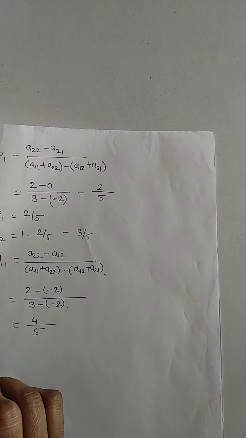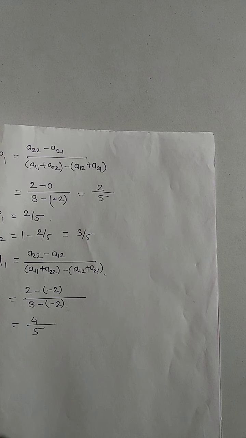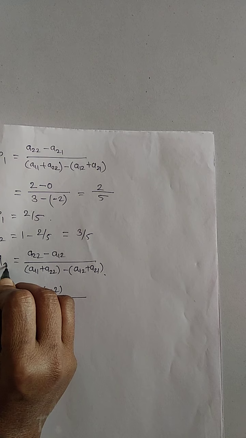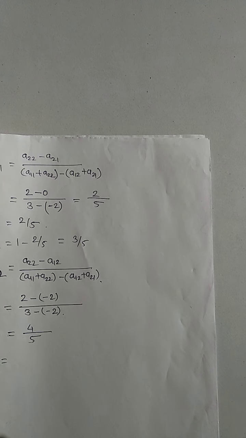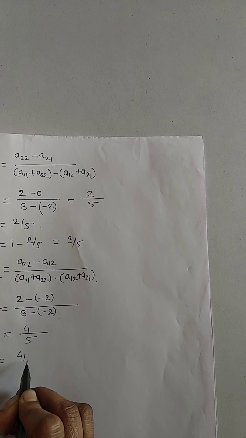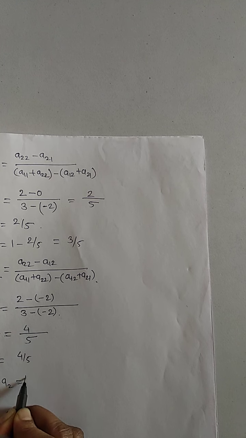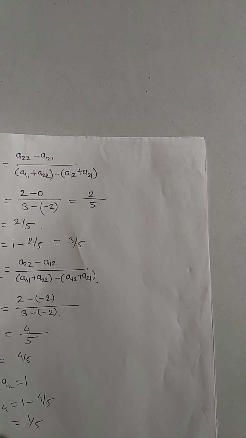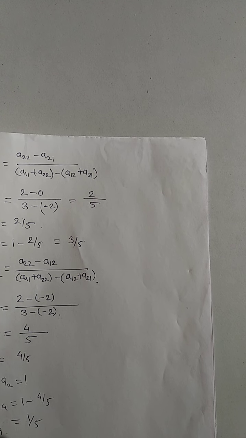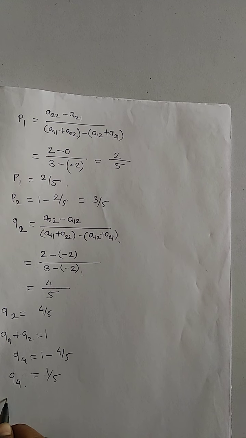Here Q1 is equal to 0, and the value of Q2 is equal to 4 by 5. Then find Q4. Q4 plus Q2 is equal to 1, and Q4 is equal to 1 minus 4 by 5, that is equal to 1 by 5. Q4 is equal to 1 by 5. And then last we find the value of the game.